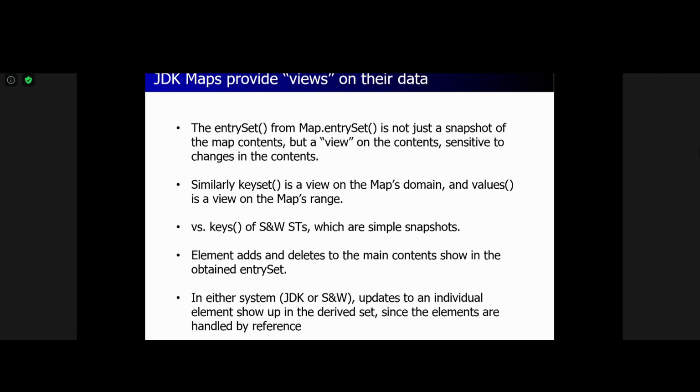So you never copy an element. You just make another reference to it. And so really, in that case, it doesn't matter whether it's a live view or a snapshot. Any questions on this? I'll have an example here.